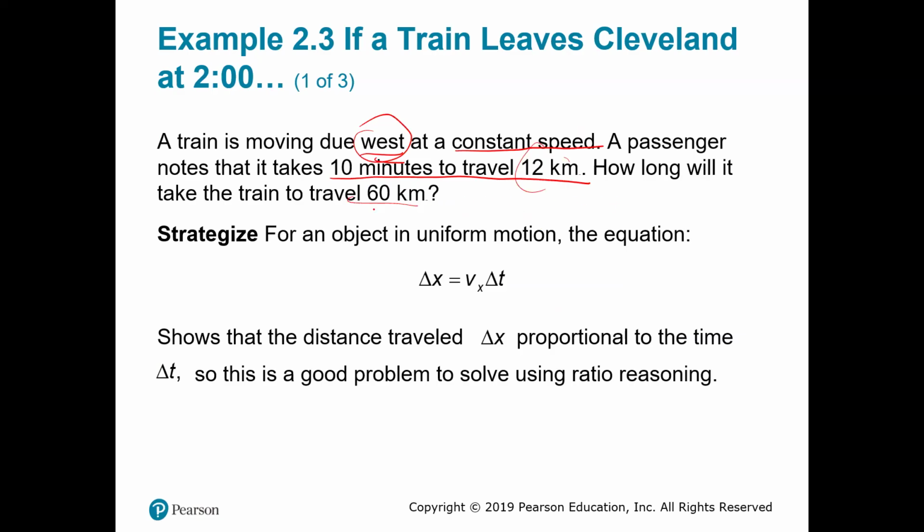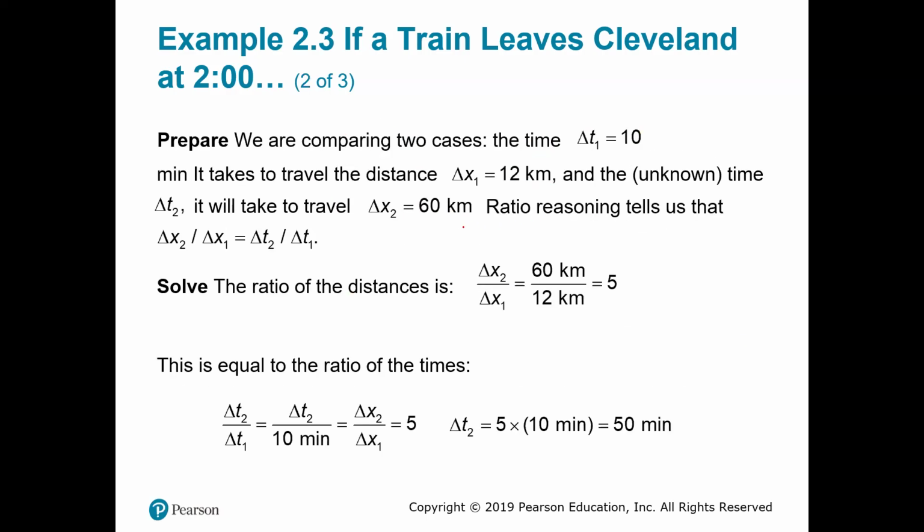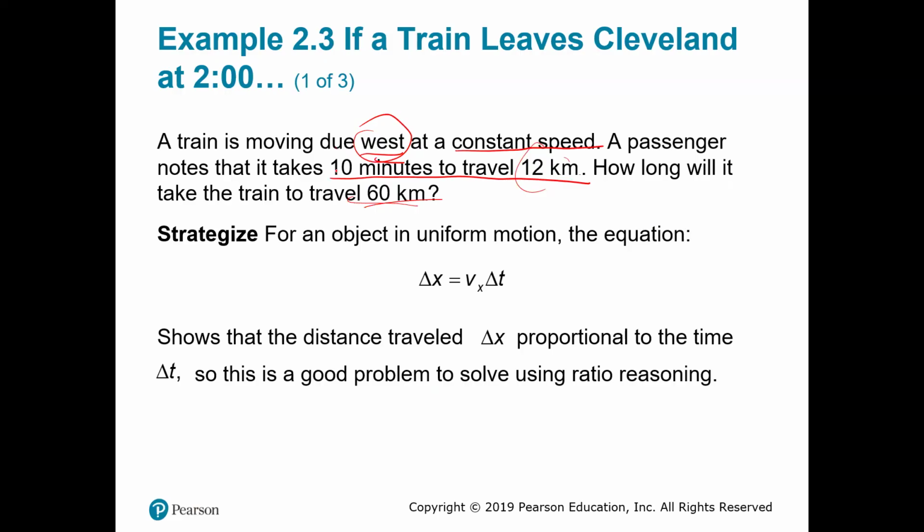And then how long will it take the train to travel 60 kilometers, right? So you have a delta x of 12, right? So then what is your time? Because this one travels 12 kilometers in 10 minutes, your velocity is what? 12 kilometers over 10 minutes, right?